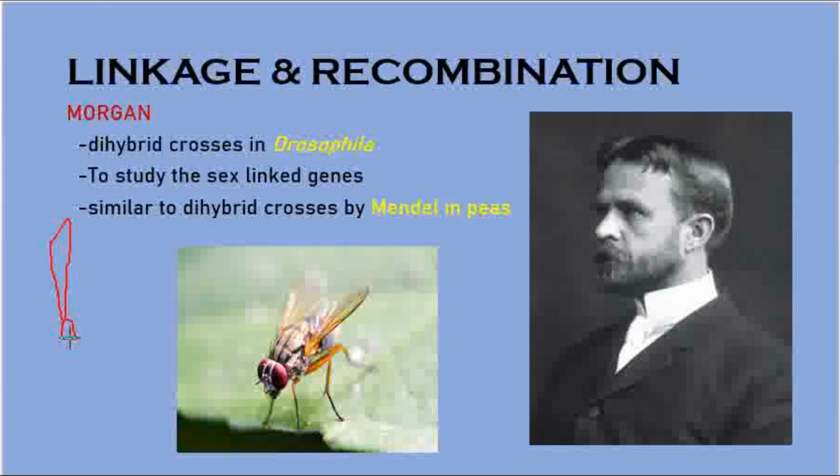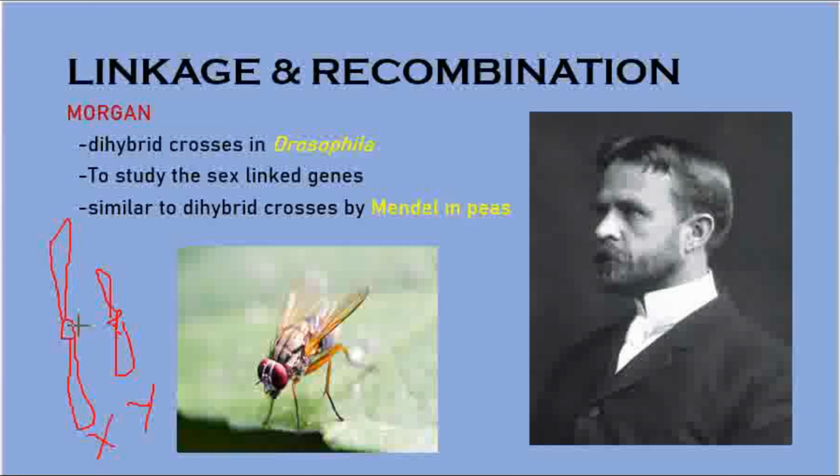The X chromosome will be long and the Y chromosome will be short. If it is XX, it's going to be a girl, and XY is a boy, right?